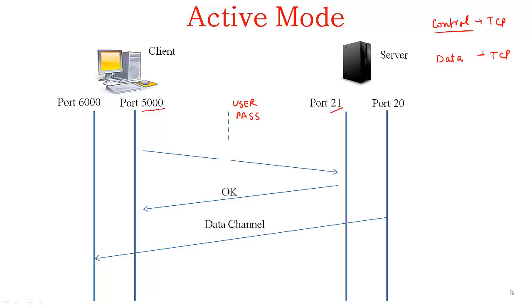And let's say the client wants to know what files are there in the main directory at the server, for which it wants to use the list command. But the client knows that when it types list, the server will have to send the directory listing, and this directory listing is not sent on this control channel. It needs a separate data channel for this.